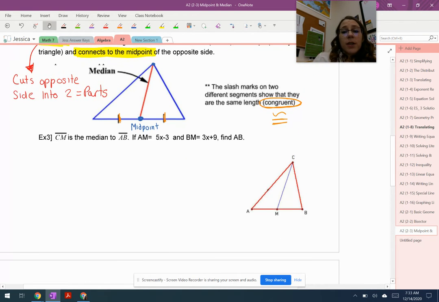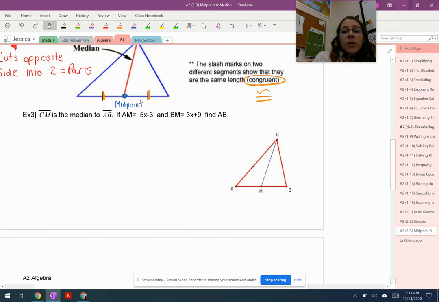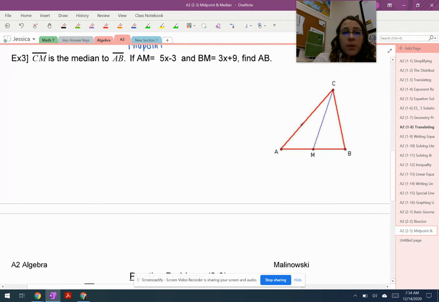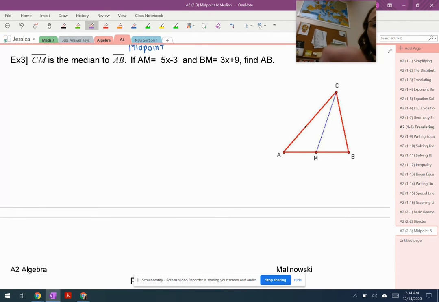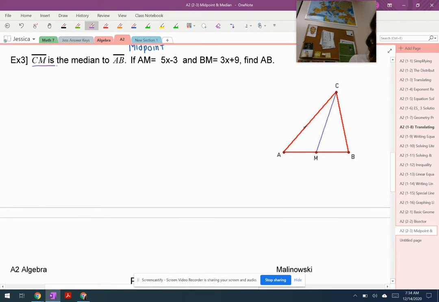So let's try example 3 using this diagram. CM is the median to AB. So based on what we just learned, if CM is a median, we know a median cuts the opposite side into two equal parts.